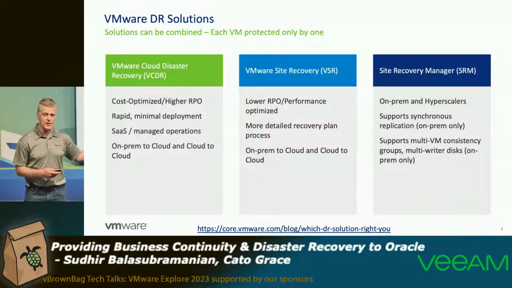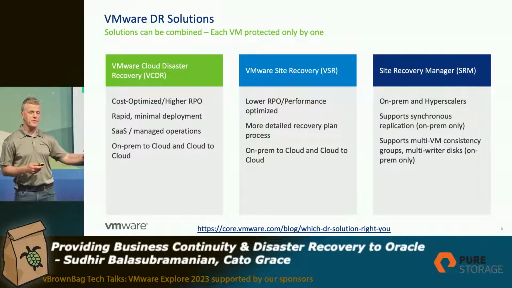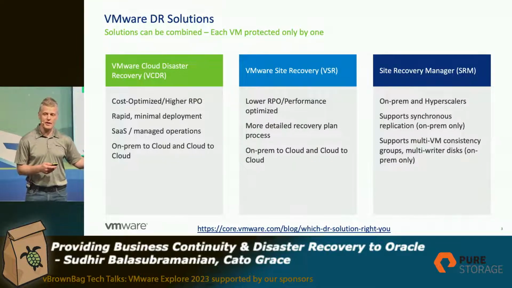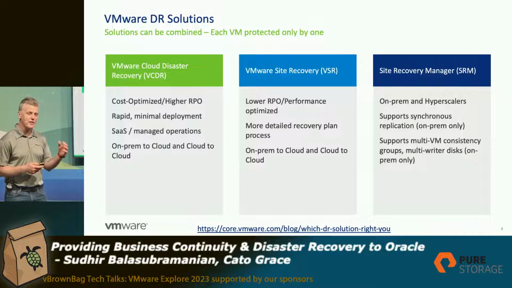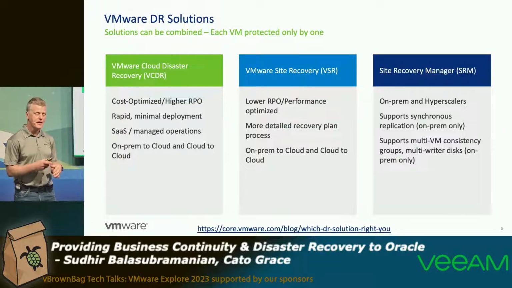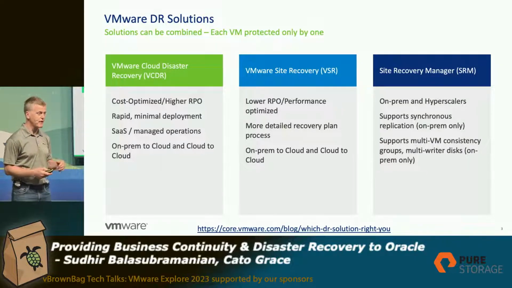We also have VMware Site Recovery. That's built on top of Site Recovery Manager and vSphere Replication, and it's available for VMware Cloud on AWS. It provides a lower RPO, lower RTO disaster recovery solution into VMware Cloud on AWS. Again, the whole idea with VMware Cloud on AWS is that everything is offered as a service, so you don't have to manage it.